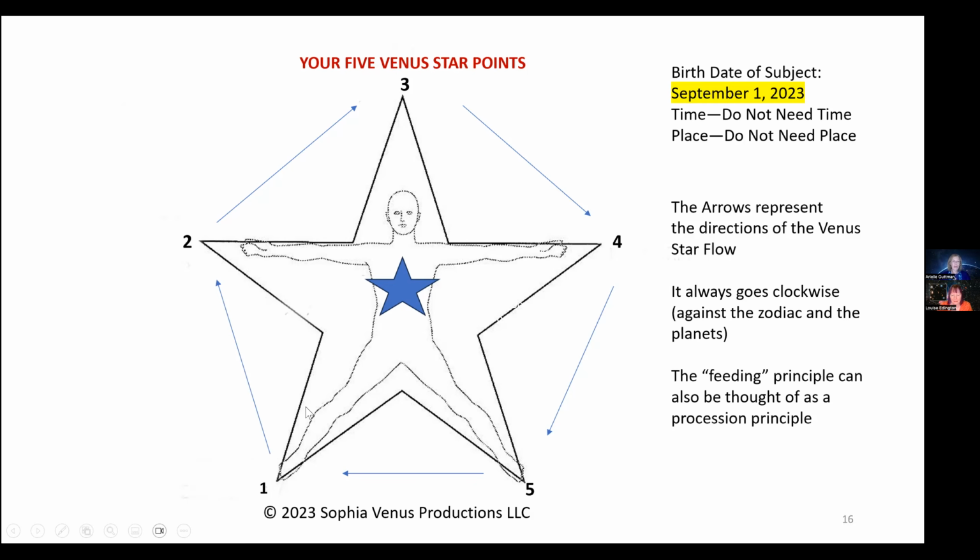The flow actually goes to you from your partner. Whereas if your partner was over here at number 4, the flow goes from you to your partner. So on this side, you're receiving. This is what we call receiving from 1 and 2, but you're giving to 4 and 5.